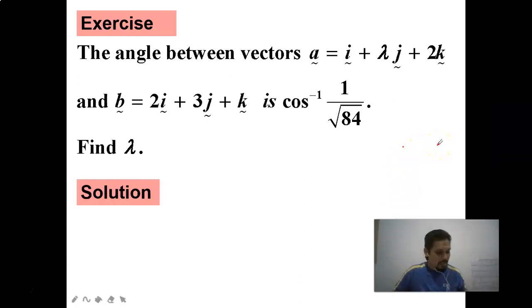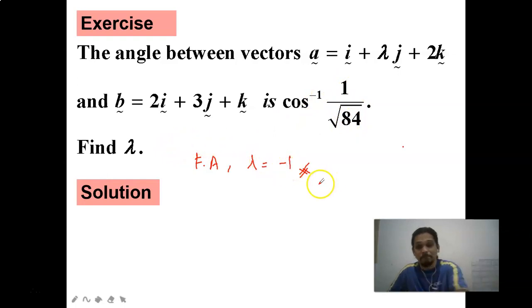The exercise: the angle between A and B, and find the value of lambda. I'm going to give you the answers. The final answer is lambda equals -1. The angle between vectors A and B is cos inverse of 1 over square root of 84. So find lambda. I gave you the answer here, lambda equals -1. So try it yourself.